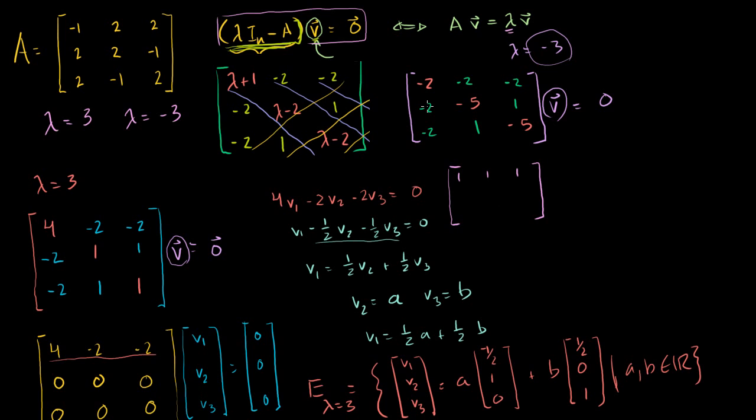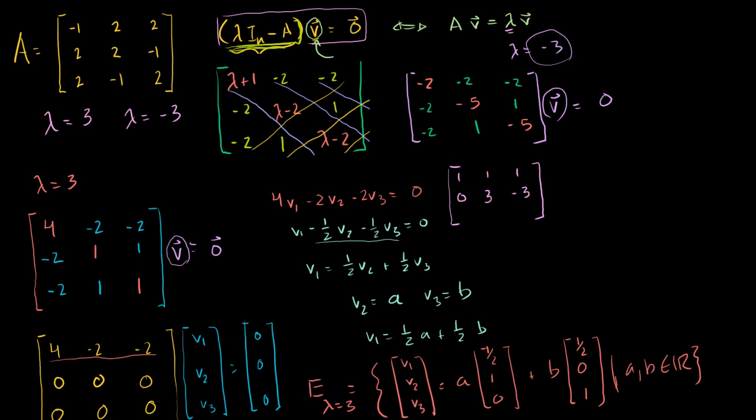And then let's replace the second row with the first row minus the second row. So minus 2 minus minus 2 is 0. Minus 2 minus minus 5 is plus 3. And then minus 2 minus 1 is minus 3.